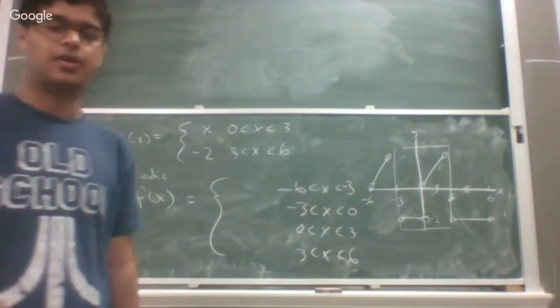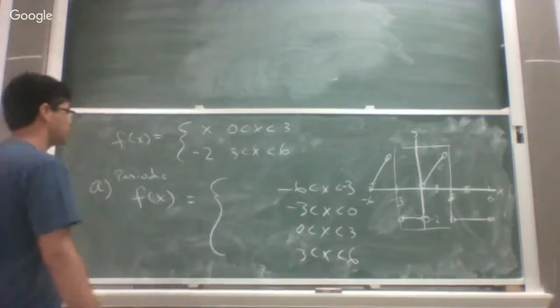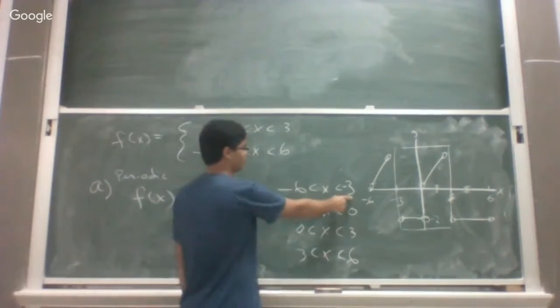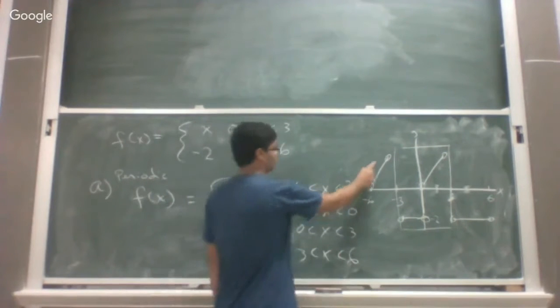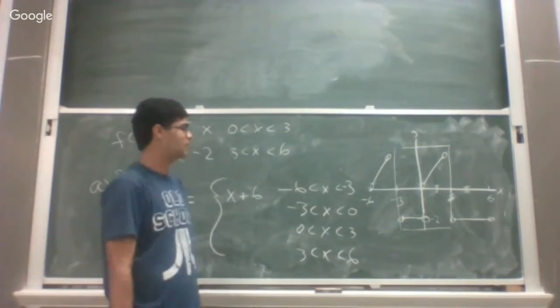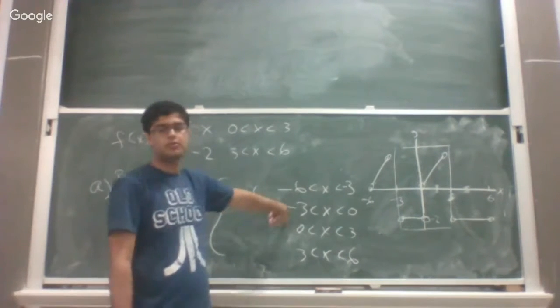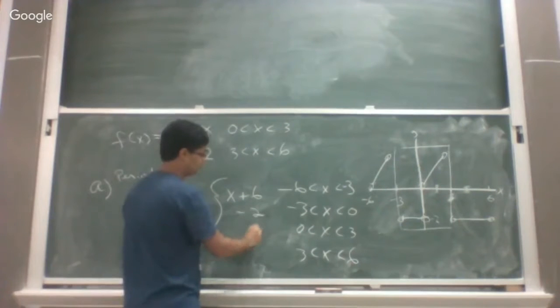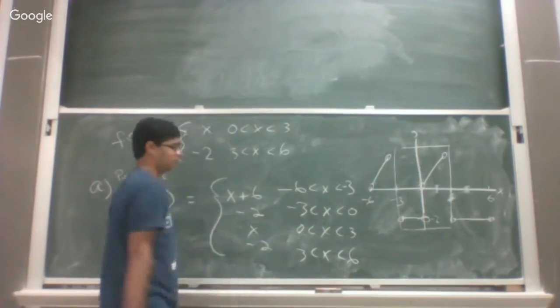Okay. So then you have to write down the equations for each part, right? So what is the equation from -6 to -3? X plus 6. Okay. From -3 to 0, -2. And then this was x and this was -2.